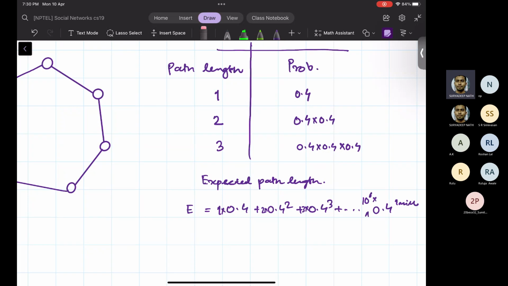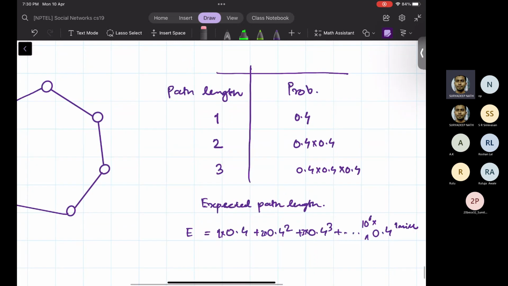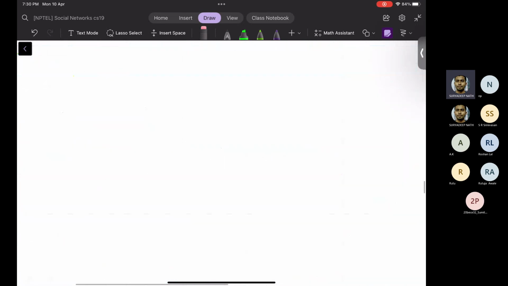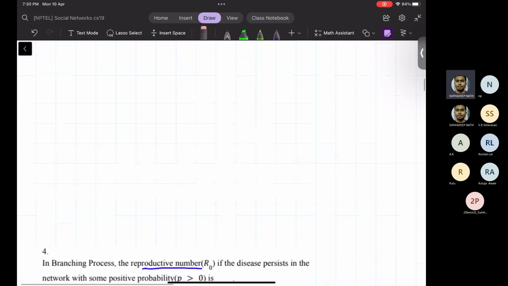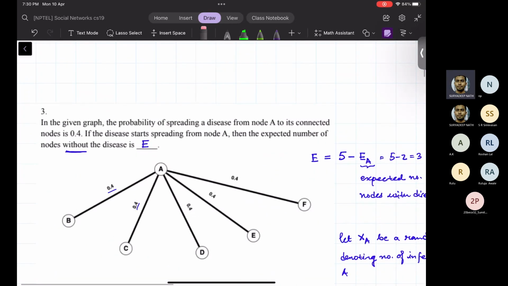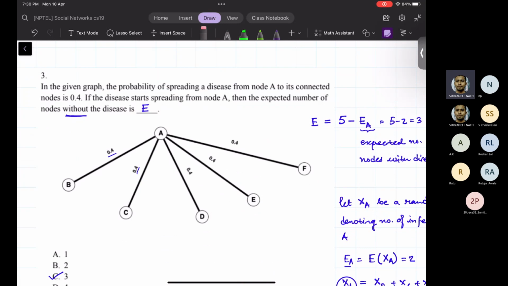So the secondary infections would basically be like I discussed in question number 3, where A is P1 over here, the probability is 0.64, and the number of nodes there was 5 and here it is 450.